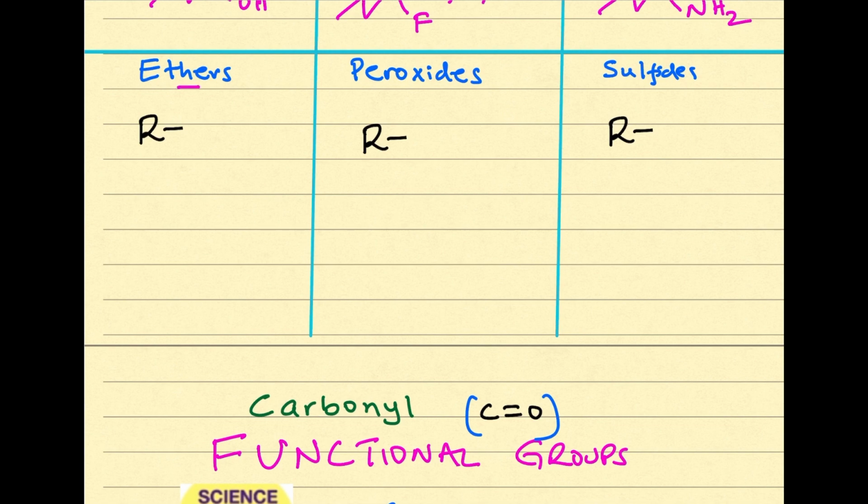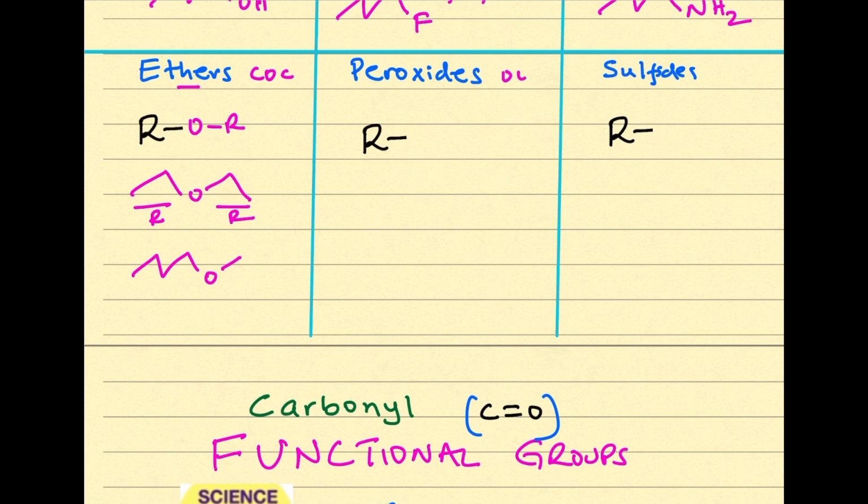Ethers have an oxygen between 2 carbons. So you have R or R, 2 alkyl groups on either side of the oxygen. An example of that would be something like this. That would be a symmetrical ether because the R group on this side and the R group on the other side are similar, but you can also have an unsymmetrical ether like that.